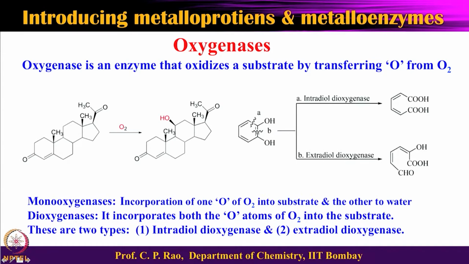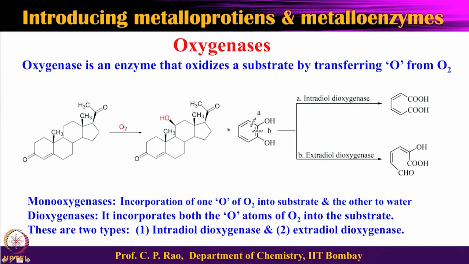If you use within this, it is called the intradiol oxygenase, and if it is outside, it is called extradiol oxygenase. Okay. So, the intradiol oxygenase will give this kind of a product, and the extradiol oxygenase gives the other product.